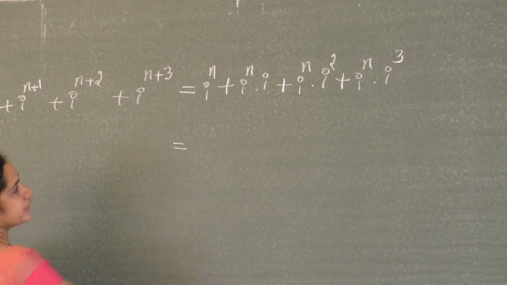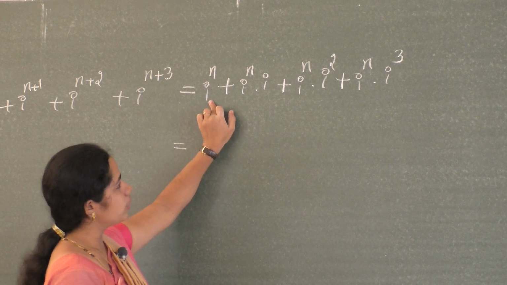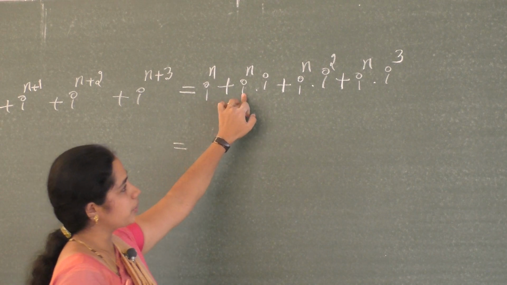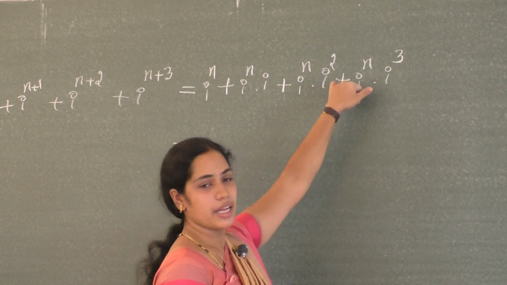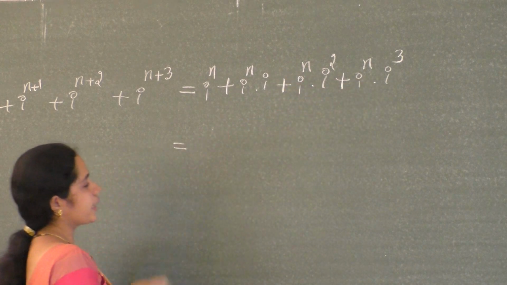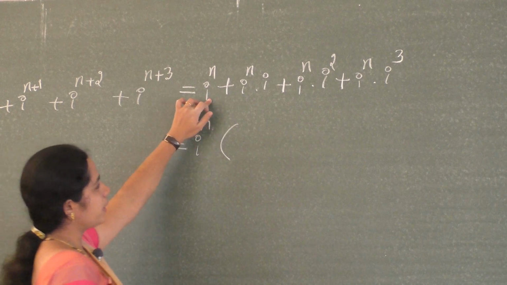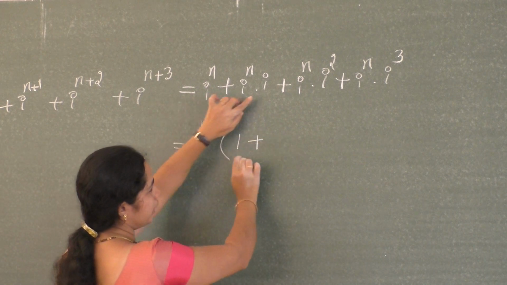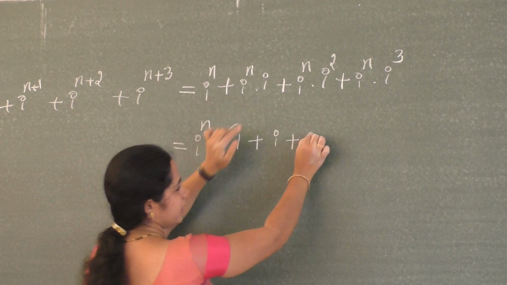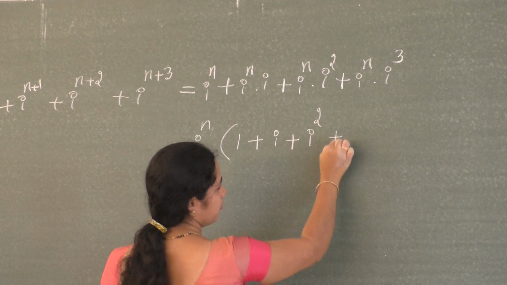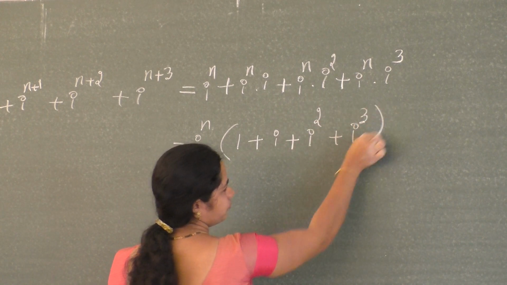Now we have i to the power n in every term, so take it outside. i to the power n into, what is remaining here? 1 plus i square plus i cube.